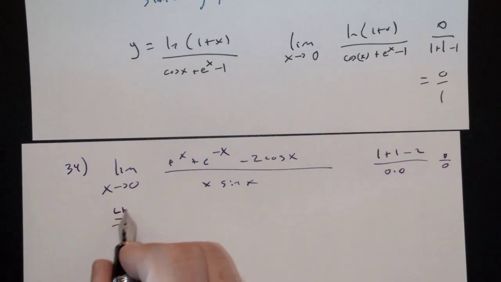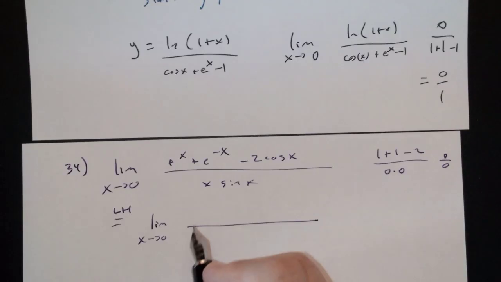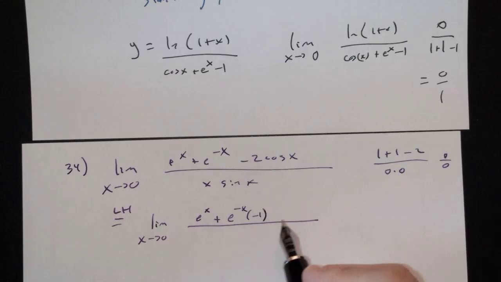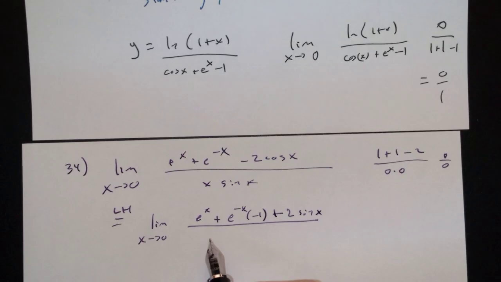So by L'Hopital's rule, what's the derivative of e to the x? Yay. What's the derivative of e to the minus x? Derivative of cosine? Product rule on the bottom.